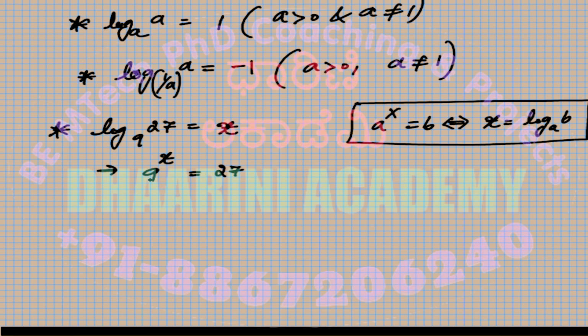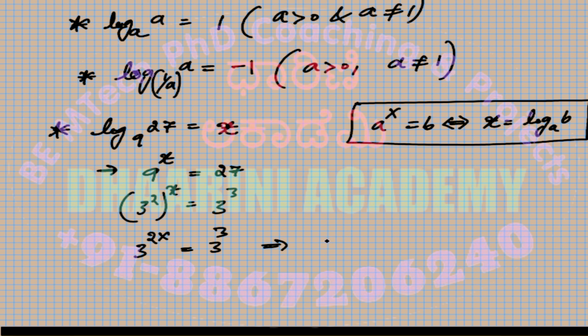But 27 cannot be directly written in terms of 9, so I'll write 3 square to the power x is equal to, I know that this is 3 to the power 3, 3 into 3 into 3. So I can rewrite this as 3 to the power 2x is equal to 3 to the power 3.